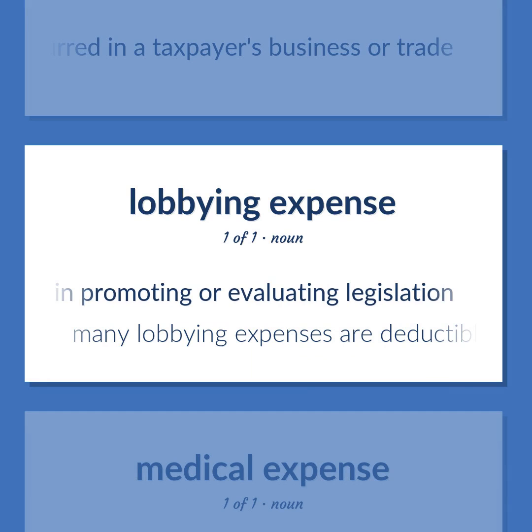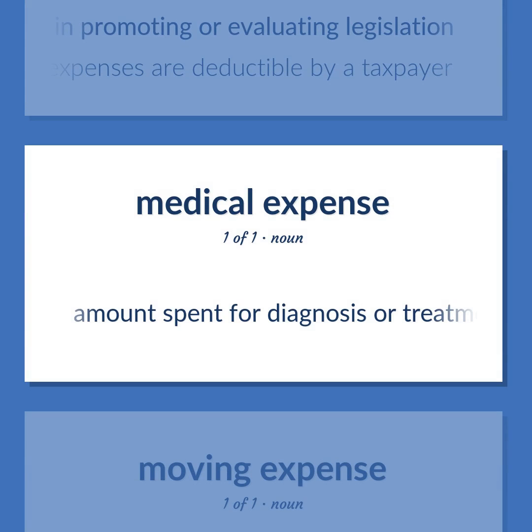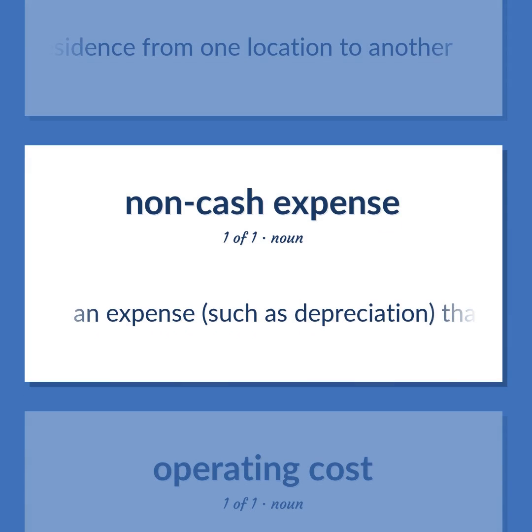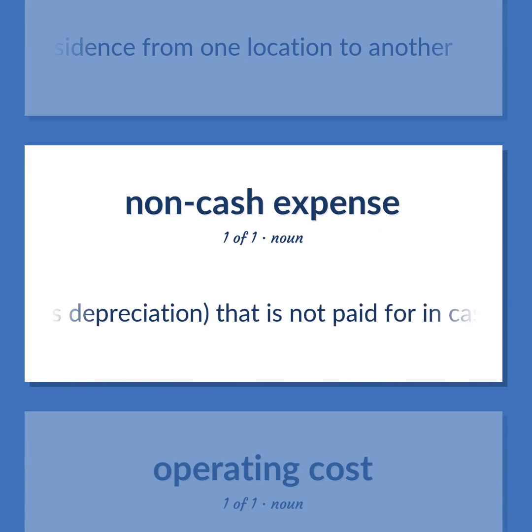Many lobbying expenses are deductible by a taxpayer. Amount spent for diagnosis or treatment or prevention of medical problems. The cost of moving your residence from one location to another. An expense, such as depreciation, that is not paid for in cash.